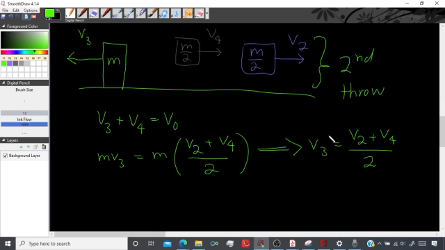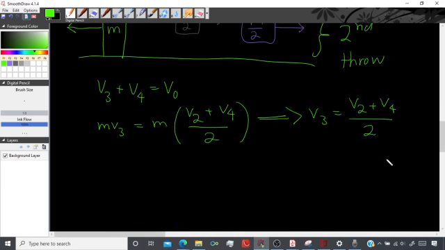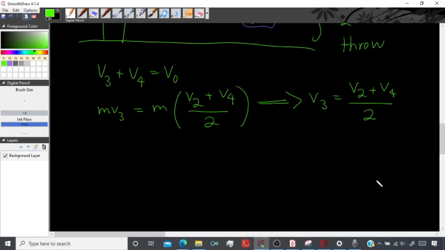And we want to find our final speed in terms of v0. And we said that v1 is v0 over 4, and we also said that v2 is 3v1, so v2 is just 3/4 v naught. And we can plug that back in here.